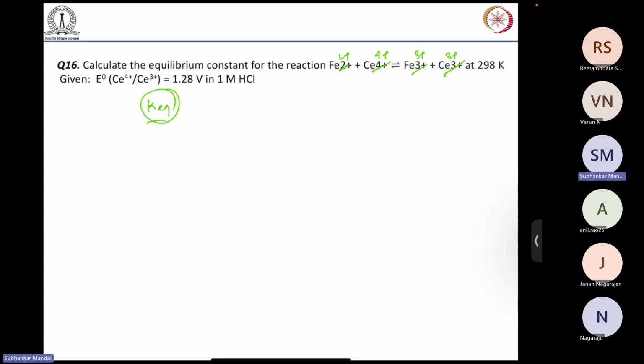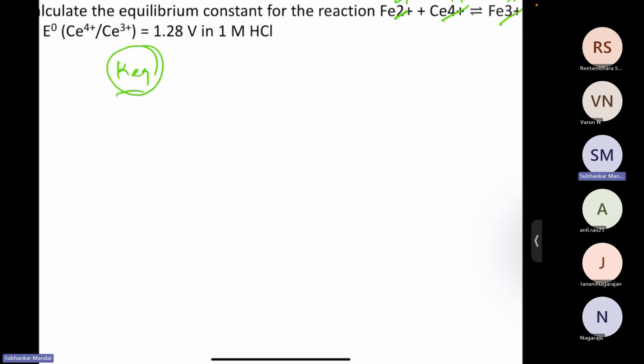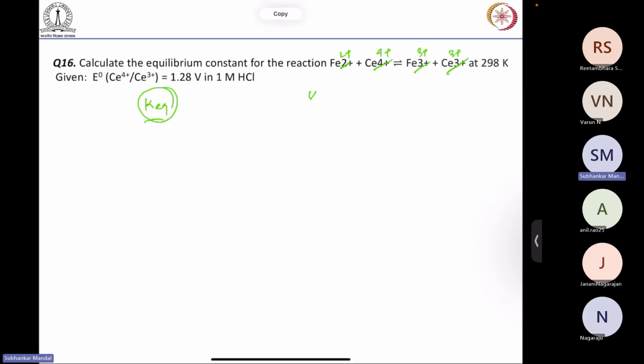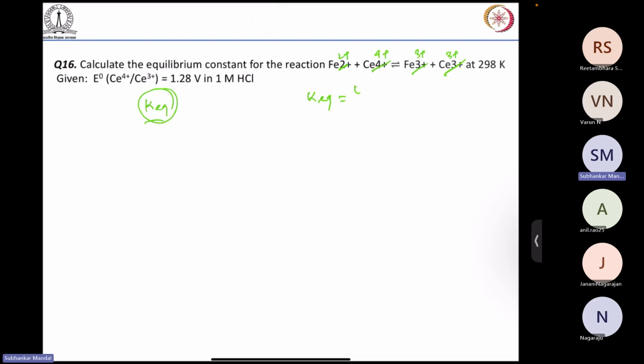But we can write this equation for the equilibrium constant: product concentration divided by reactant concentration, right? Where this is the equilibrium constant.